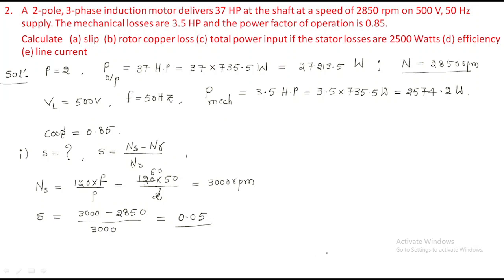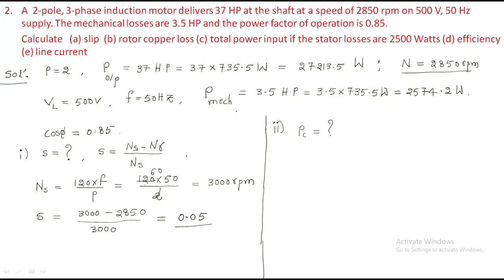And what is the next point? The second point is to find the rotor copper loss, that is Pc value. So before entering into the rotor copper loss, we have a relation between equations.